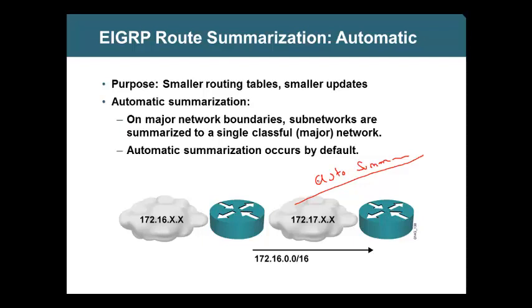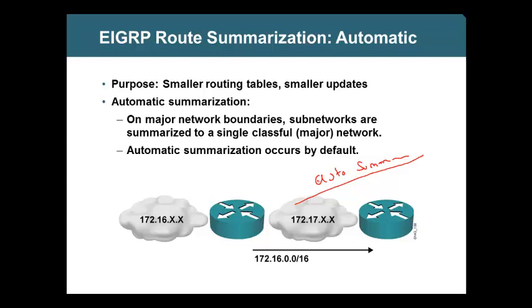For the 10 network, if you have /30, it will come down to /8. For the 172.16 network, if you have a 24 mask, it will come down to 16. That is what it means, major network boundaries. Automatic summarization always rounds to major network boundaries.